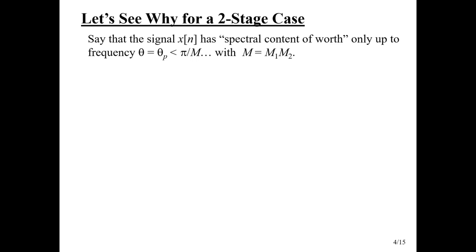So let's say that we've got some signal x of n, and it has spectral content that we care about only up to some frequency theta sub p. Now, remember, that's really going to map back from the continuous time frequency. So suppose we have some f sub p. So for audio, maybe that's 20 kilohertz or maybe 18 kilohertz, something like that.